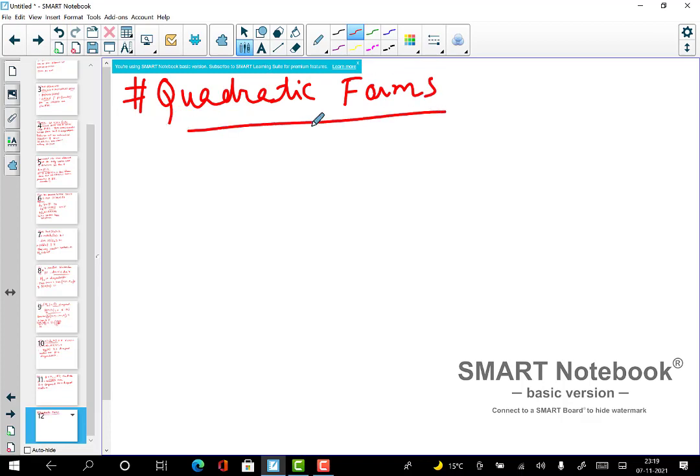So what is that? Whenever you have a symmetric bilinear form, you can attach a quadratic form. Let me write down the definition properly. Let V be a vector space over field F.